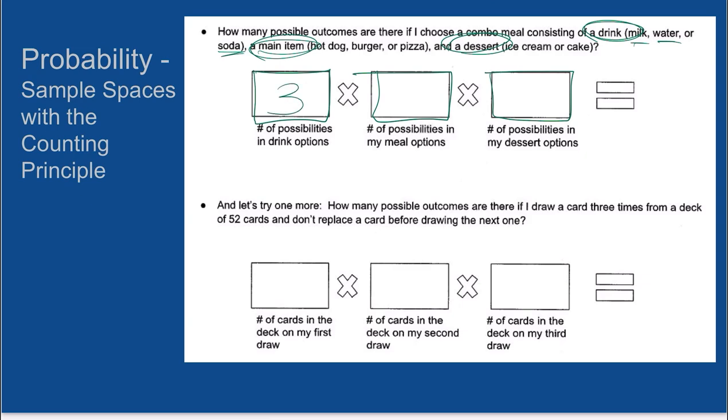There are 3 options. The main meal item, a hot dog, a burger, or pizza, there are 3 items. The dessert has 2, and 3 times 3 times 2, do it in your head or do it in the calculator, we get to 18 possible combinations, which is exactly what we got when we did it with the tree diagram.